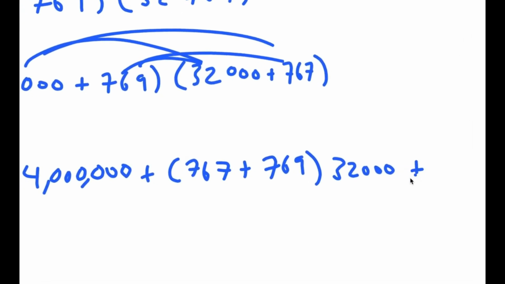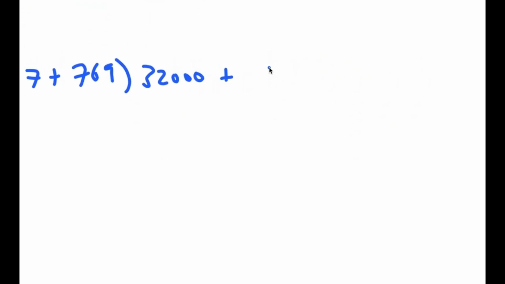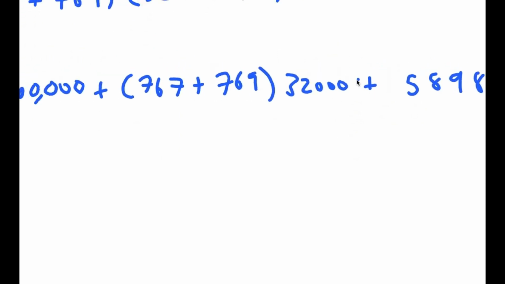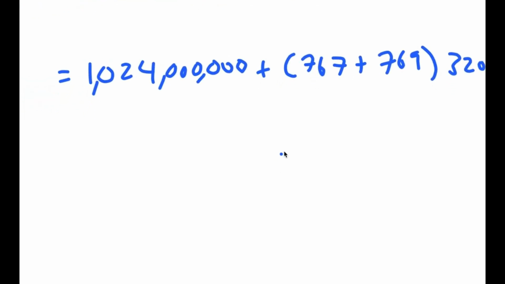And finally, I have at the end 767 times 769, which is equal to 589,823. So let me add all of this up.